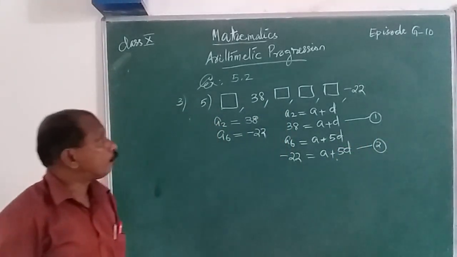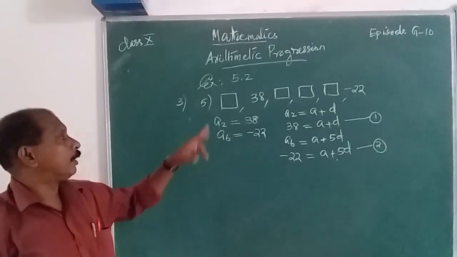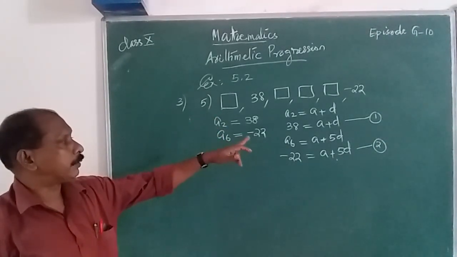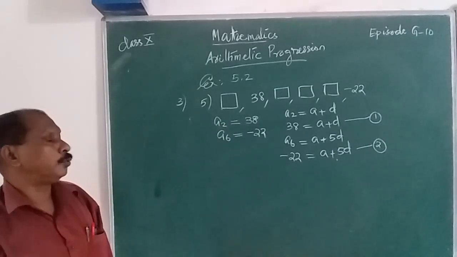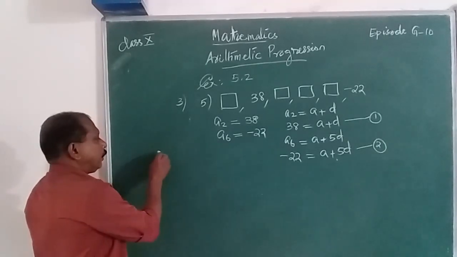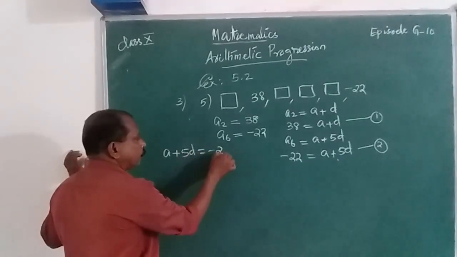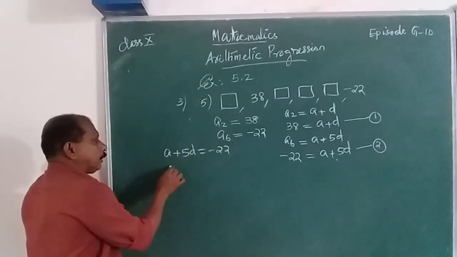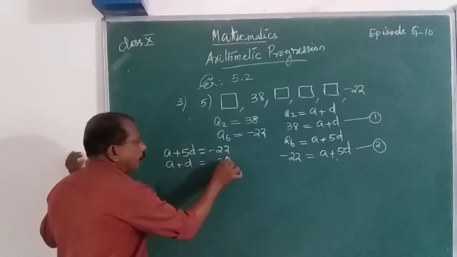That means to find out the missing terms, let us consider two equations. First equation is A plus D is equal to 38.